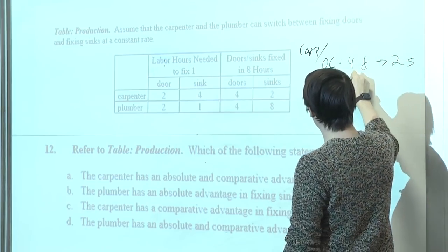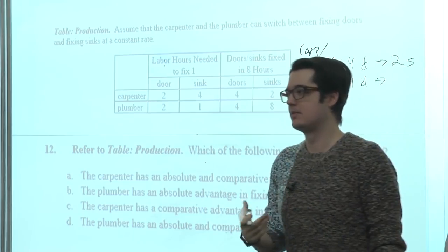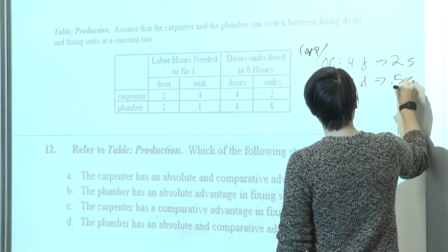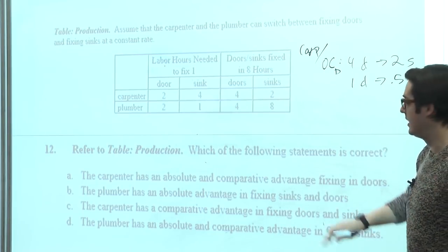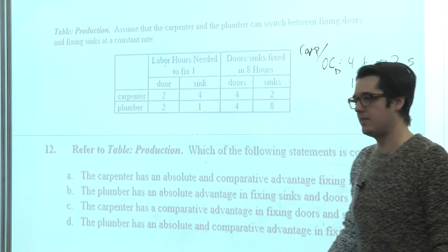So if he were to only produce 1 door, how many sinks would he have to give up? A half. Okay, so that's his opportunity cost. The opportunity cost of producing a door for the carpenter is 0.5 sinks.